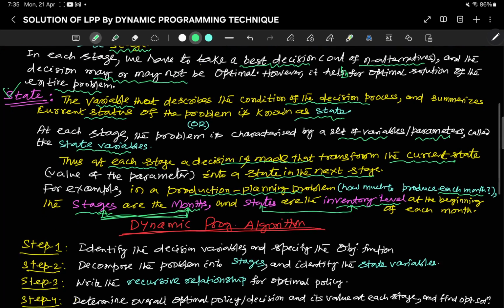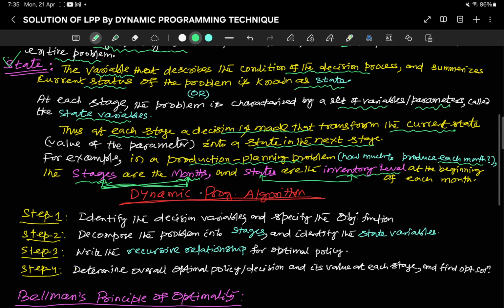So what is the dynamic programming algorithm? In step 1 we identify the decision variables and specify the objective function. In step 2 we decompose the problem into stages and identify the state variables, and here we transform the state variables, which is a function of the state variables and the decision variables.